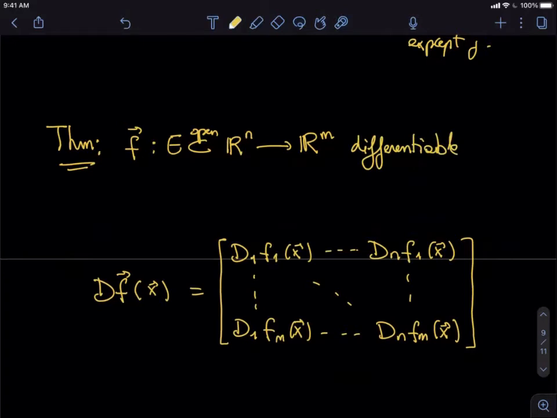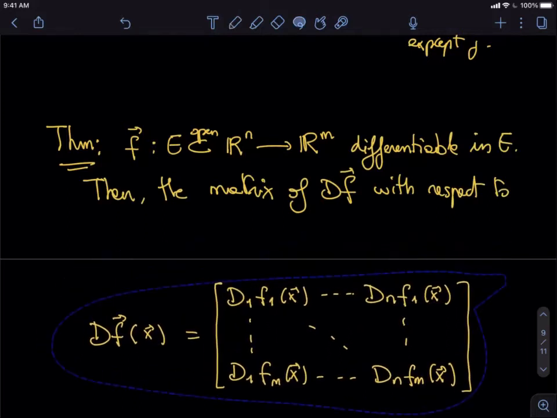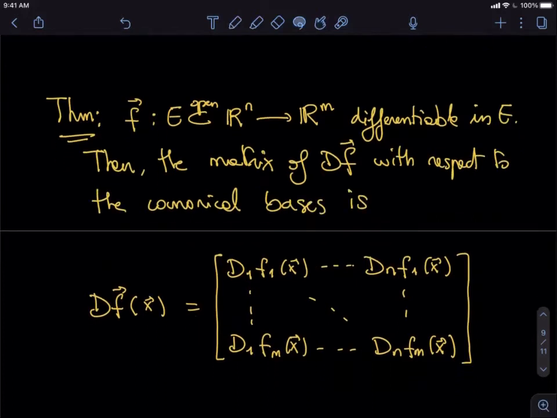Let's say differentiable in E. Okay, so then the matrix of df with respect to the canonical basis is given by this matrix that actually has a name. It's called the Jacobian matrix.